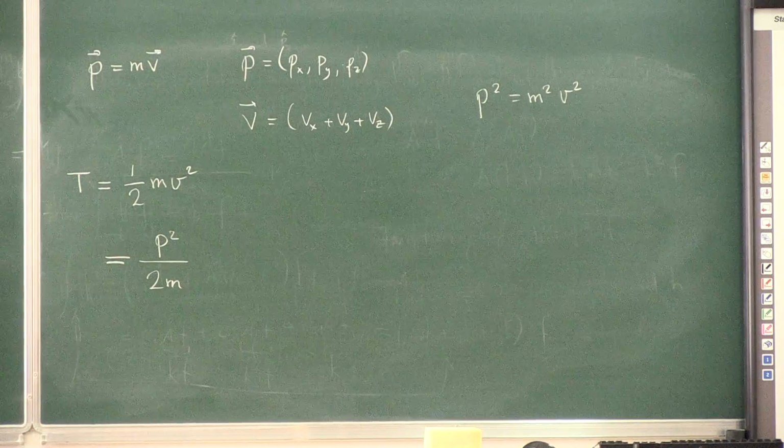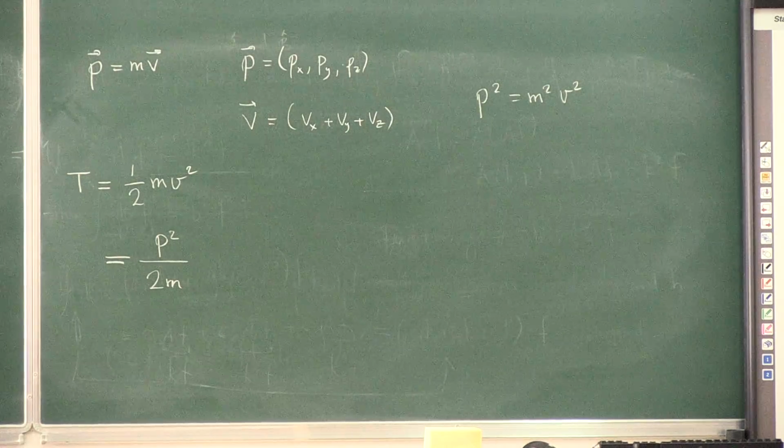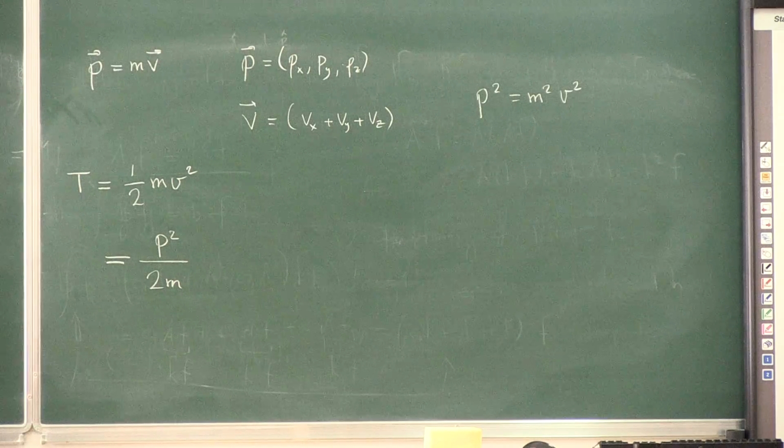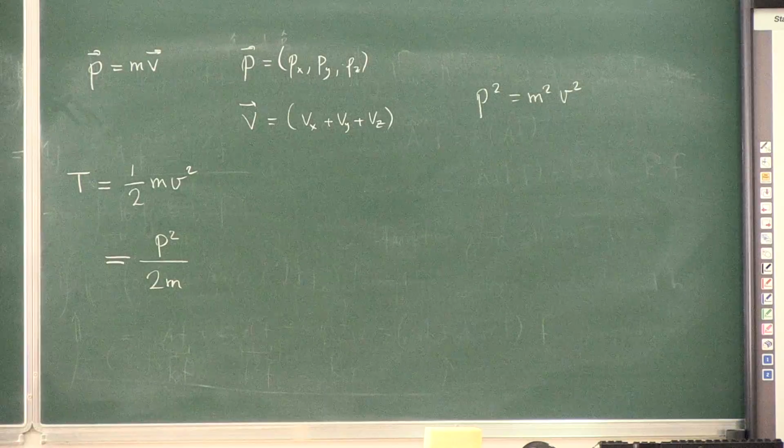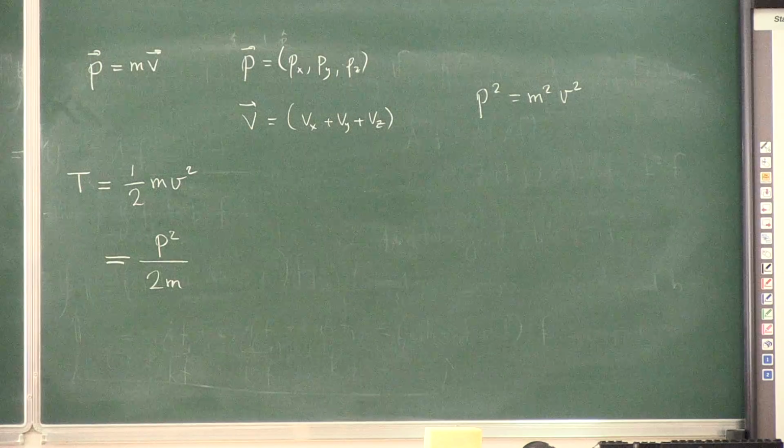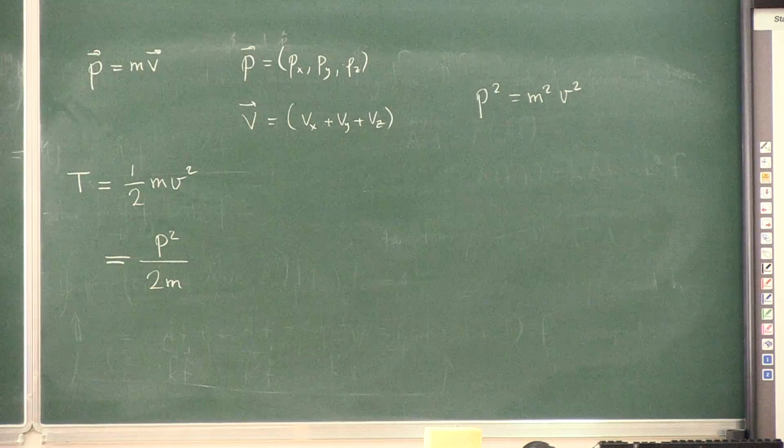The upper expression is using the speed of the particle, and the lower expression is using the linear momentum of the particle.